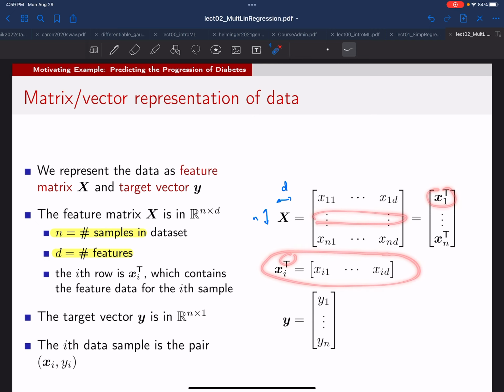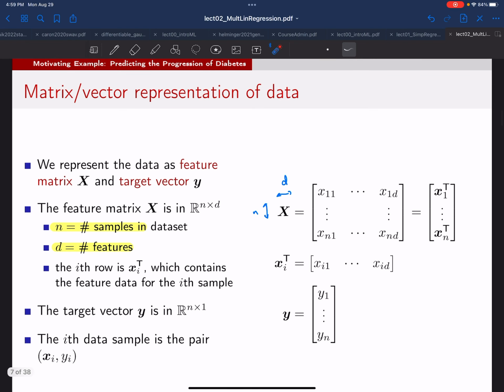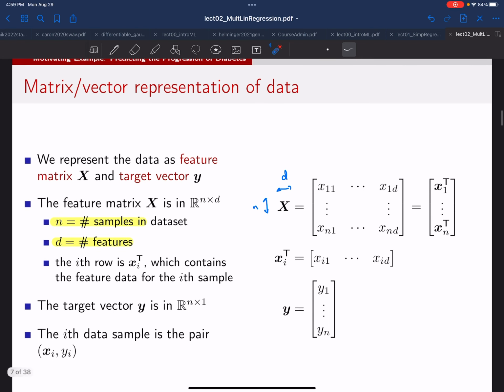Here's the transpose. If we want to think about what's the ith sample in our data set, it's this guy and then the corresponding yi. So that's going to be the ith data sample. Okay, so this is how we're describing our data from now on throughout the course.